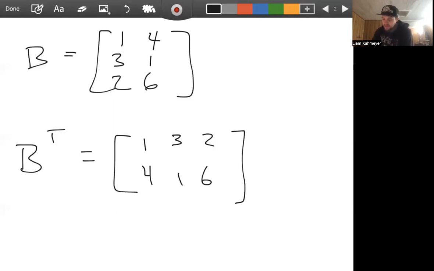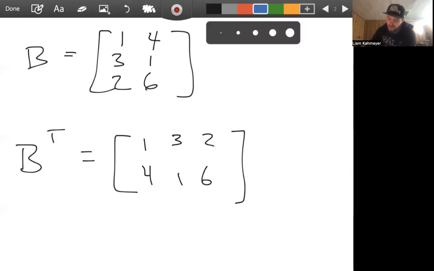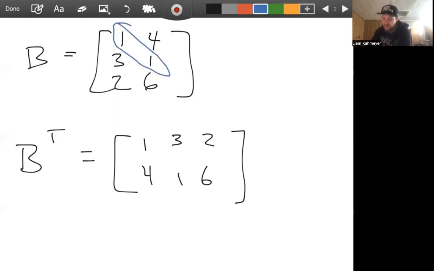Let's try to think about this in terms of the diagonal argument. The diagonal here is just those two entries for the 1, because that would be the A11 entry and the A22 entry. The diagonal is always the Aii entries. Maybe I'll write that.